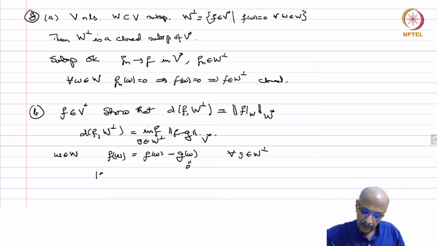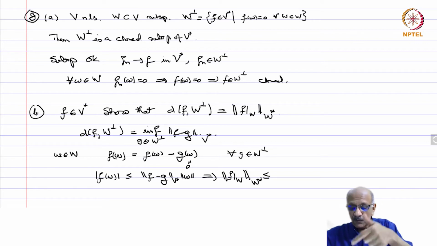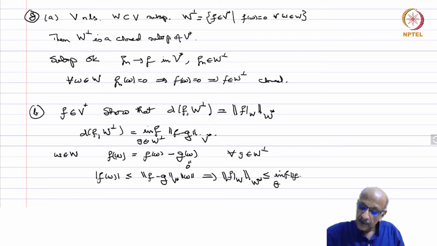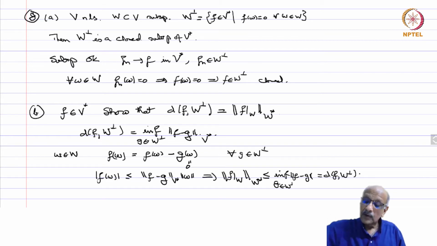Therefore, mod f(w) is less than or equal to the norm of f minus g in V star times norm w, and therefore the norm of f in W star is less than or equal to the norm of f minus g for all g, and therefore less than or equal to the infimum over g in W perp of norm of f minus g, and that is equal to d(f, W perp). So we have one inequality.